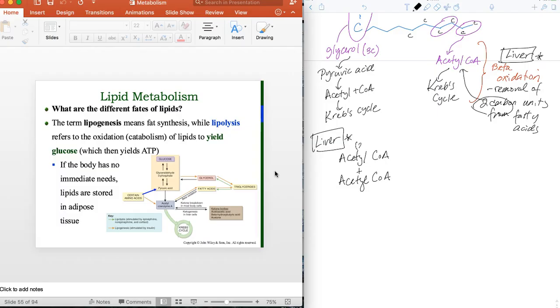Each acetyl is 2 carbons. They can sometimes compress together to form 4 carbon compounds, and they can be found in the blood. These 4 carbon compounds have an interesting name. They're sometimes called ketone bodies.